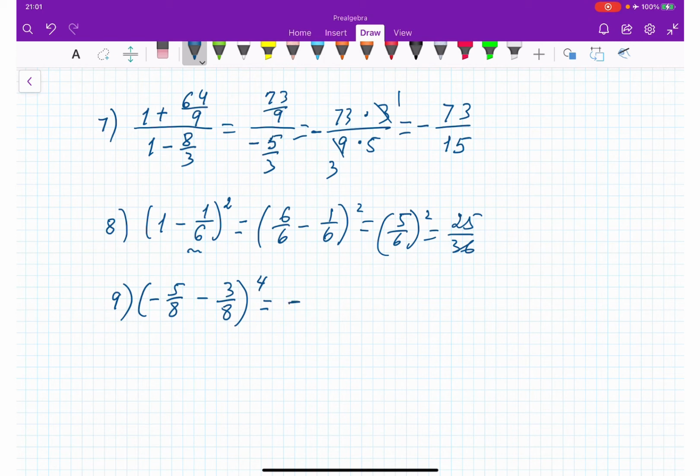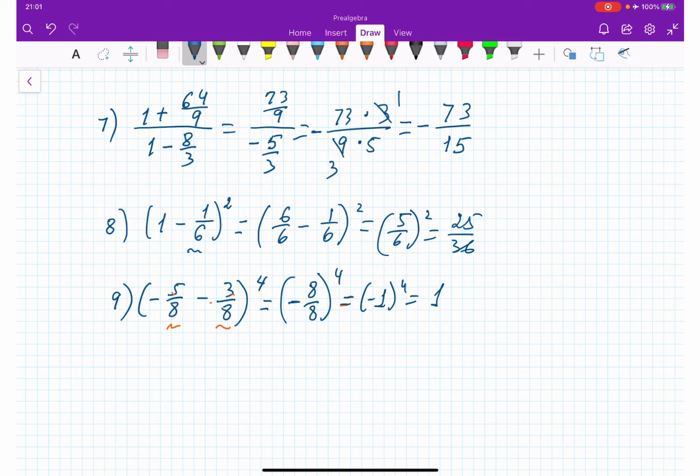Now 5 over 8 plus 3 over 8 is going to be 8 over 8, to power 4. Why? Because we have the same denominator, and all we have to do is add 5 and 3. And why do we add? Because both of them are negative. When both numbers are negative, we need to add them. Okay, and we are getting negative 1 to power 4, and we are getting 1.